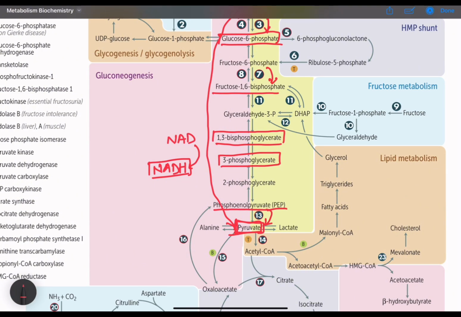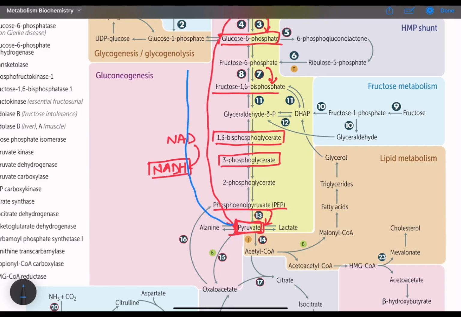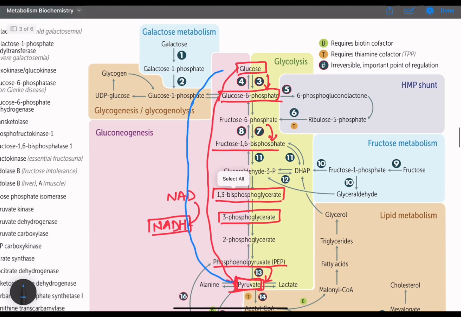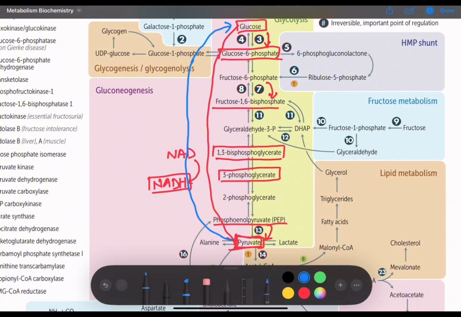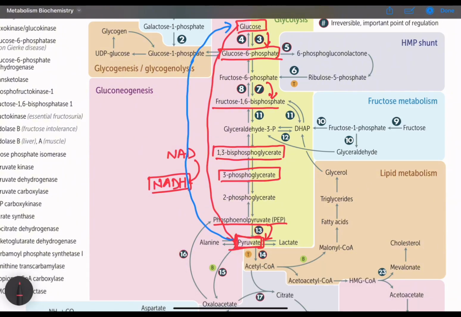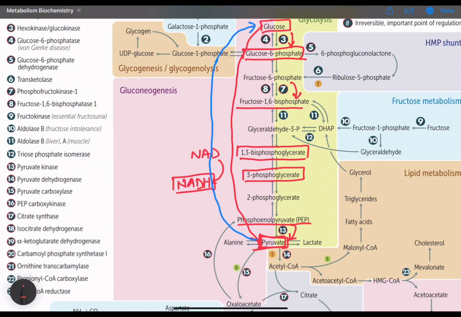Now to go in reverse, or if we want to perform gluconeogenesis, we will need to convert pyruvate into glucose. But pyruvate cannot be converted into phosphoenolpyruvate directly, because the conversion of phosphoenolpyruvate to pyruvate is irreversible.